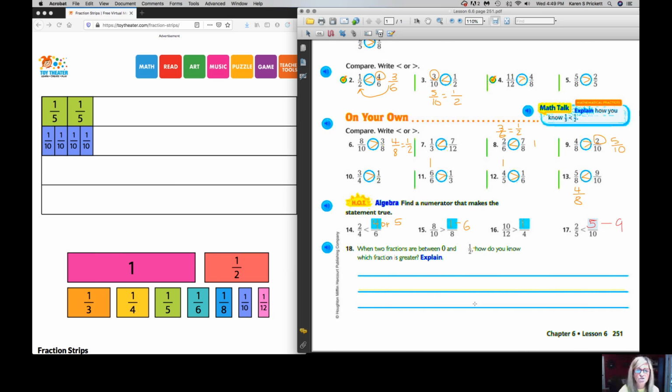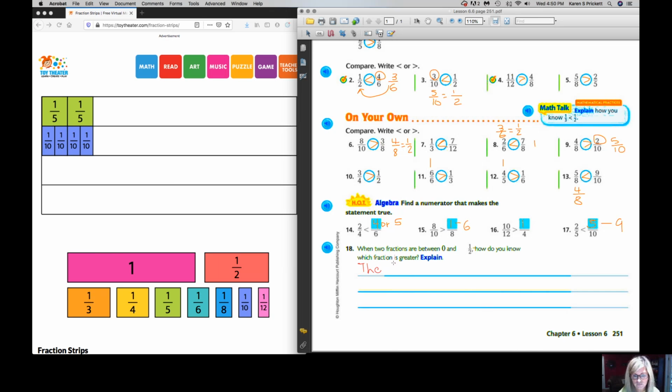All right. When two fractions are between 0 and 1/2, how do you know which fraction is greater? Okay, so if you've got two fractions in there between 0 and 1/2, how do you know which one is greater? Well, a possible answer to that would be the fraction that is closer. I don't know if I can write this.